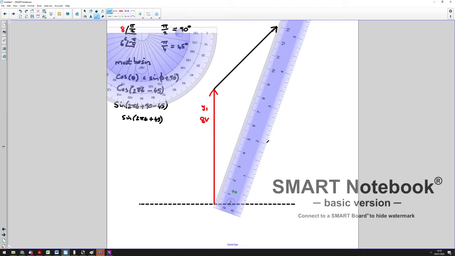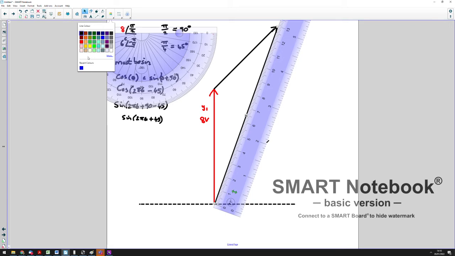Put a line in. And we just make our line like that. Get blue.